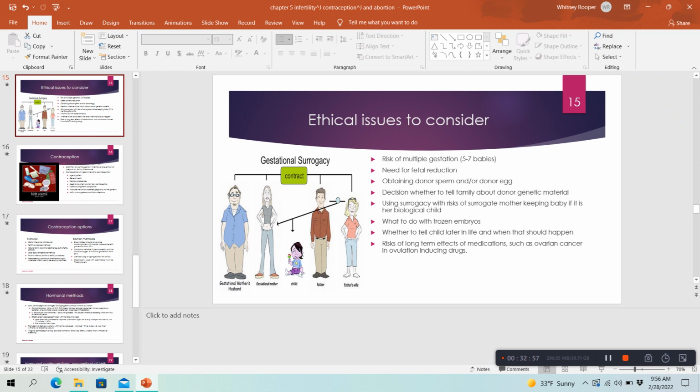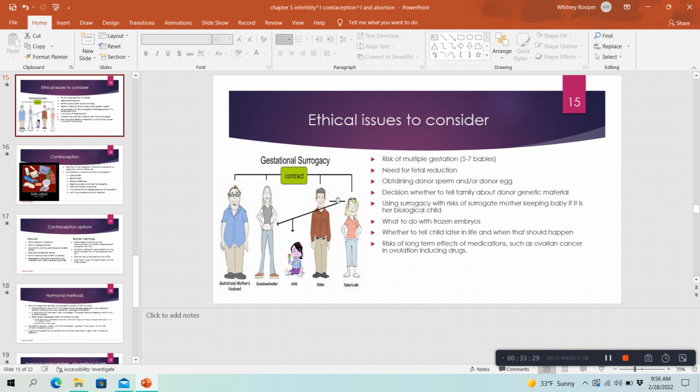What to do with frozen embryos? What happens in in vitro fertilization is this. We hyperstimulate a woman's ovary so that it releases multiple eggs, lots of eggs, the more the better. Let's say it released 10 eggs, which is a lot. They collect them in a fertility clinic, take them to the lab, and mix those eggs with sperm from the father, significant other, whoever you want it to be.